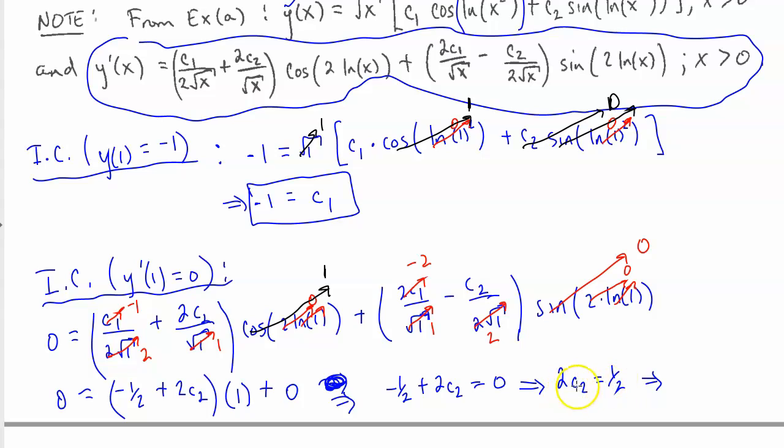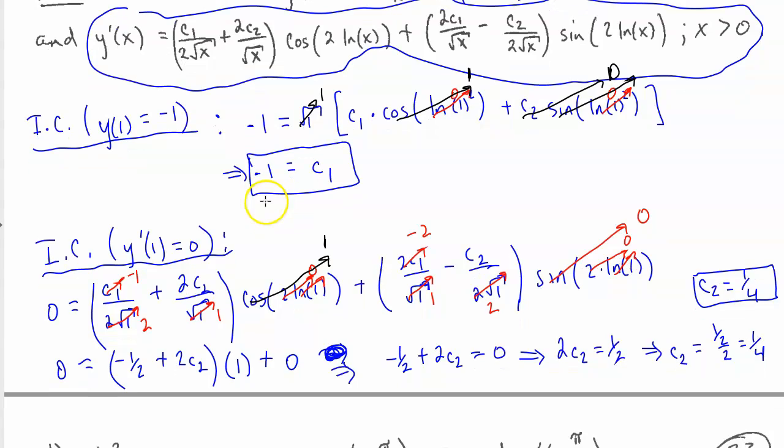And of course, if we divide both sides by 2, we end up getting 1/4 as the answer here. And so, of course, our C1 and C2 have been found. We got C1 there, C2 there.